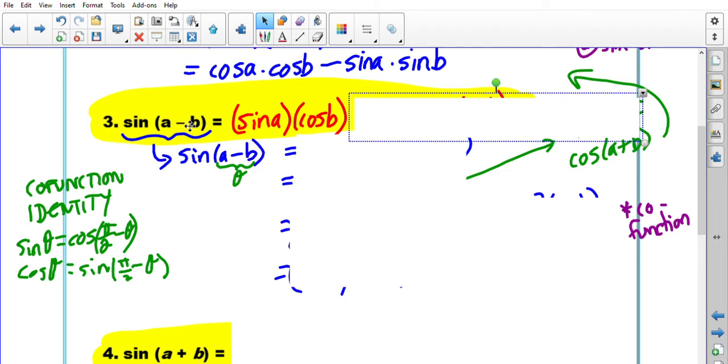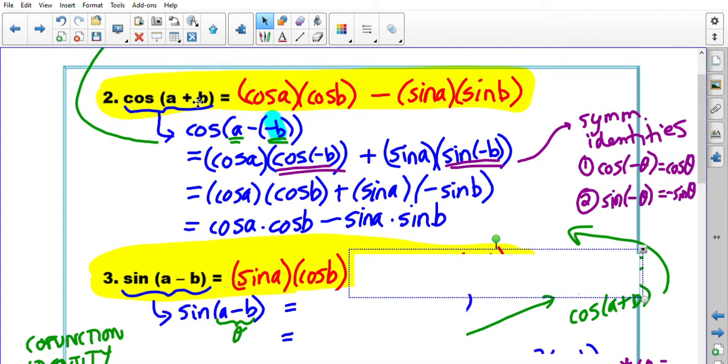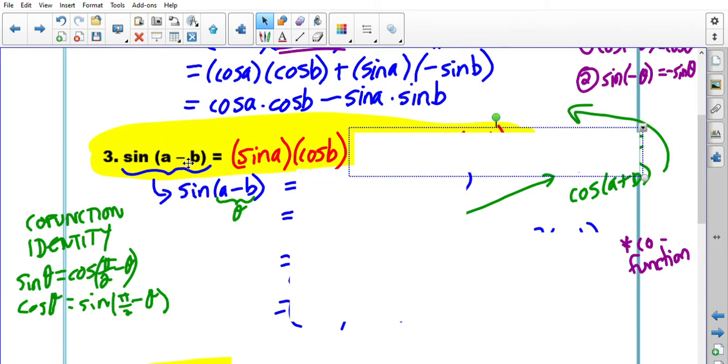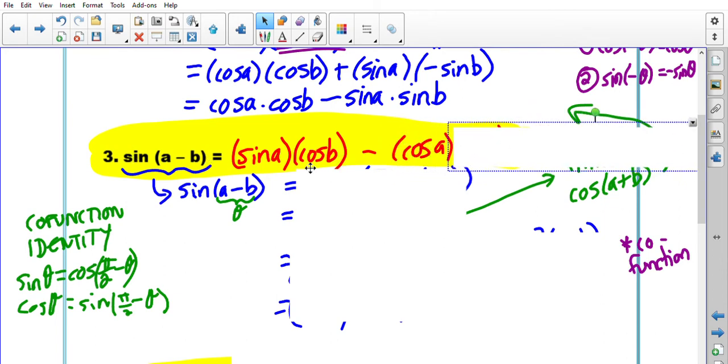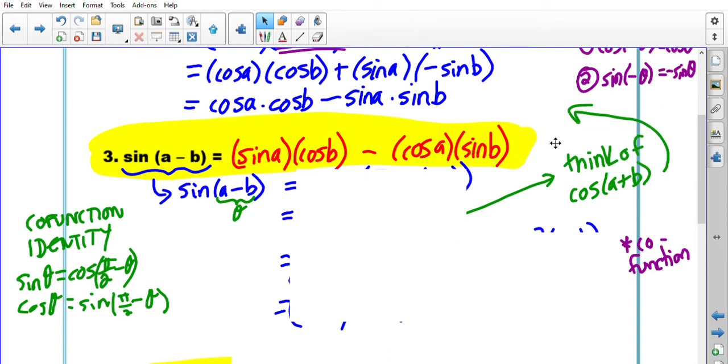In cos formulas, you always switch the sign that appeared in the brackets, but in the sine formulas, you maintain the sign that you see in the brackets. So you're going to do minus, and then flip: cos of the first angle, sine of the second angle. So in the sine formulas, the sine and cos are mixed up, but maintain the same sign.